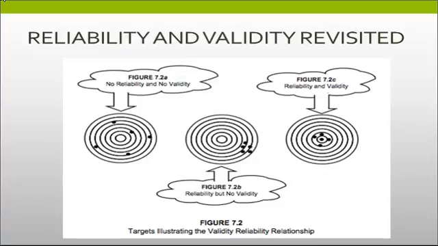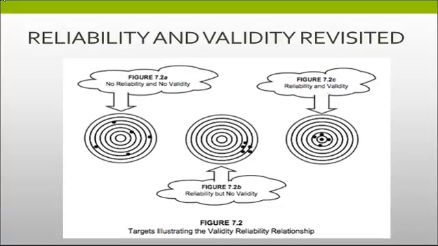This figure depicts the relationship between reliability and validity using an example of a person firing 5 rounds from a rifle at three different targets, adjusting the performance of the gun each time. In figure 7.2a, the bullet holes are scattered all over, representing a measurement instrument that is neither valid nor reliable. Now let's look at figure 7.2b.